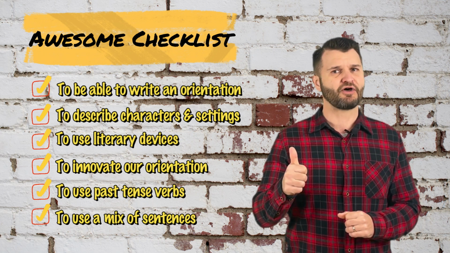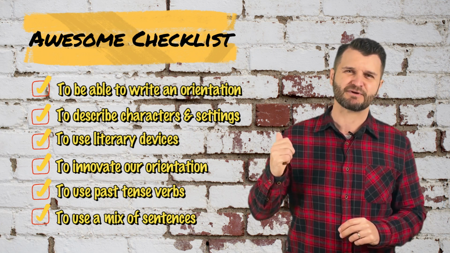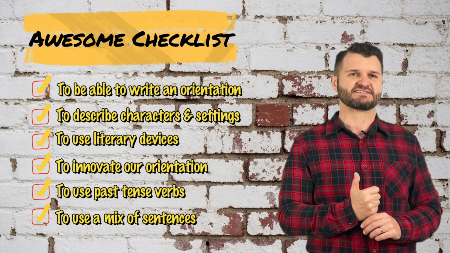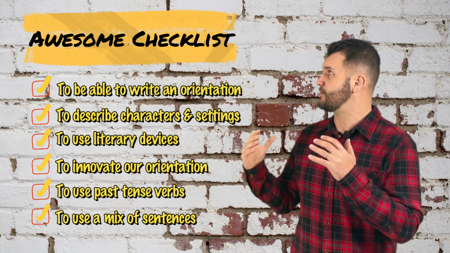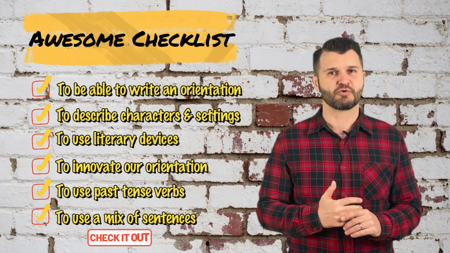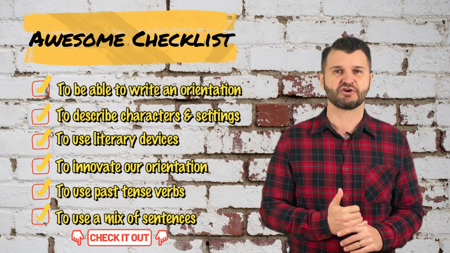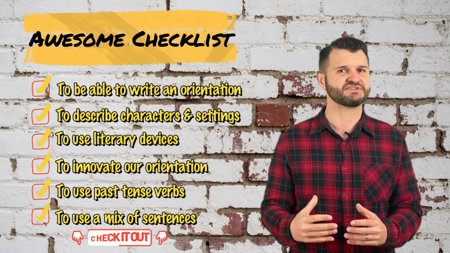And another thumb if you're able to innovate or change some of those aspects in the example text. Could you use past tense verbs? And did you use a mix of simple and compound sentences? All right, guys, remember, if you want more information on this stuff, check out the videos that describe them in more detail. Let's keep going.